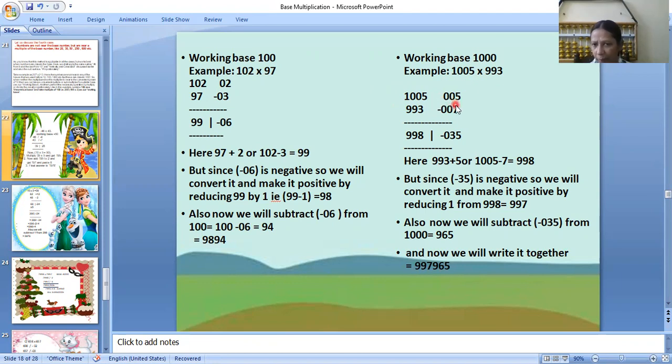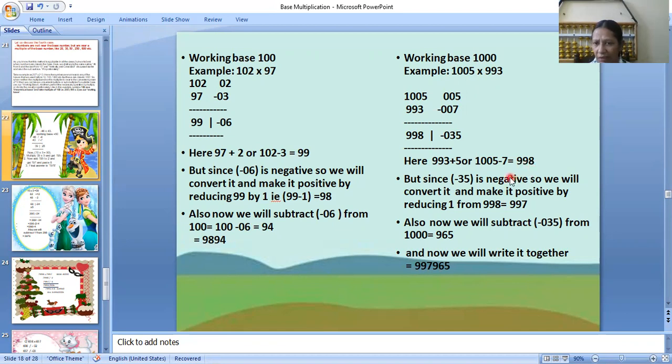So you will get a positive term, and 993 minus 1000 you will get a negative term. But in 1000, you know 3 zeros are here, so you will keep 3 digits here. Then what will you do? You can either do 1005 minus 007, or you can do 993 plus 005.